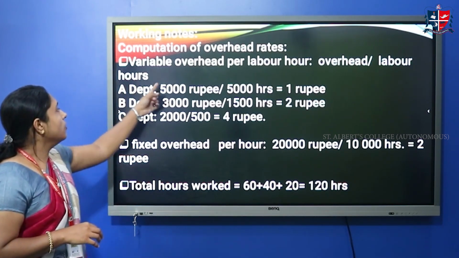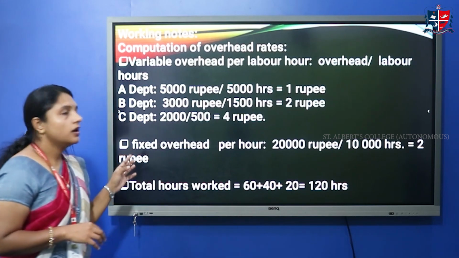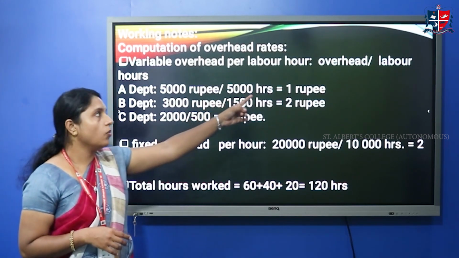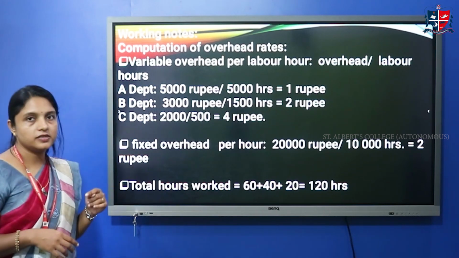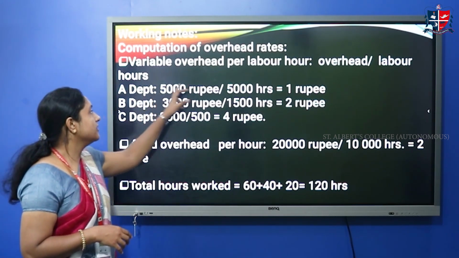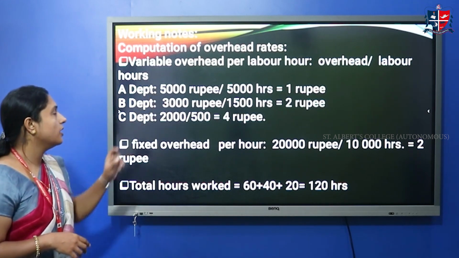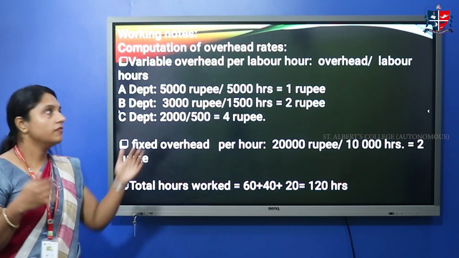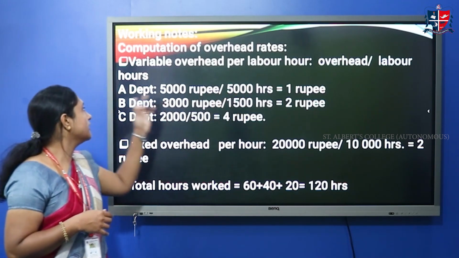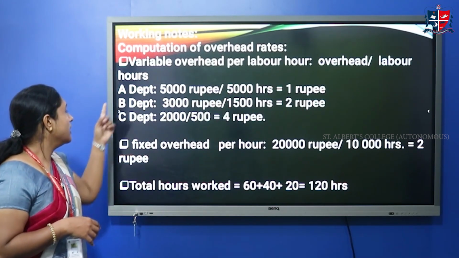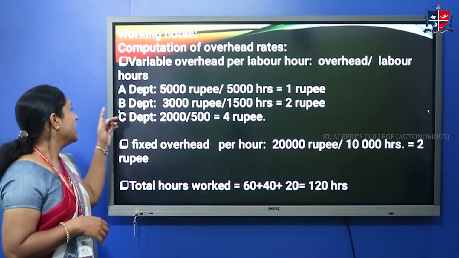The variable overhead per labor hour can be calculated using this formula, overhead divided by the labor hours. In case of department A, they are given as 5,000 rupees total variable overhead for 5,000 hours. So when we use this equation, we will get 1 rupee per hour rate of overheads in case of department A.